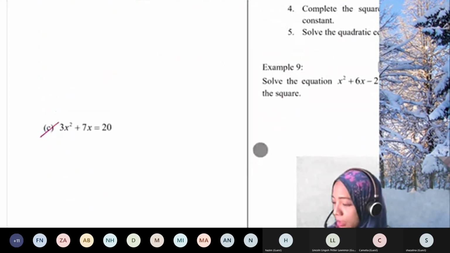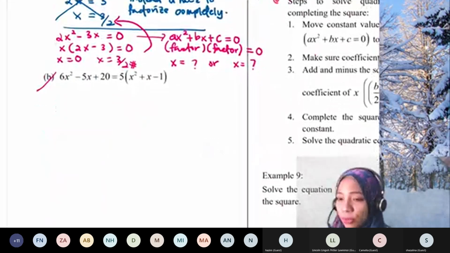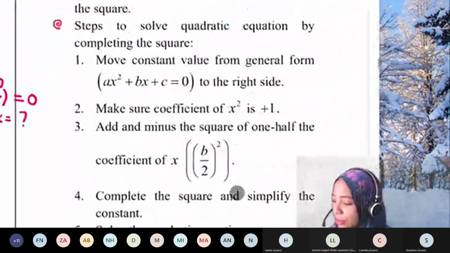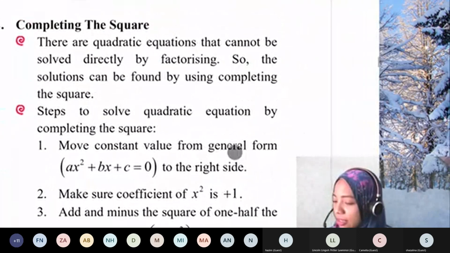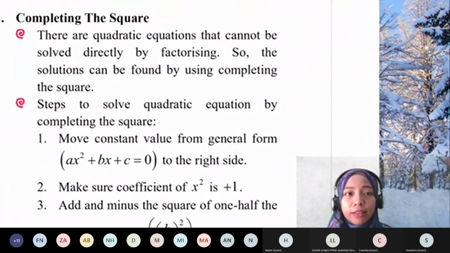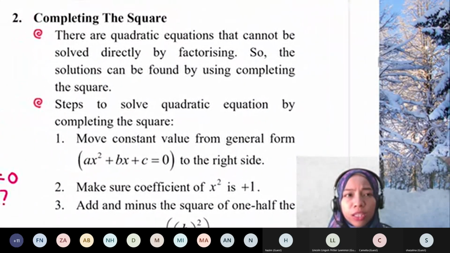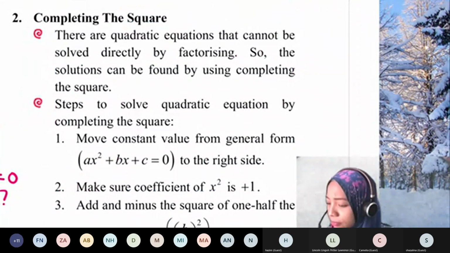Okay. I want to focus more on completing the square. Because after many years of teaching, students are kan ada careless in solving x using completing the square. Okay, why completing the square?